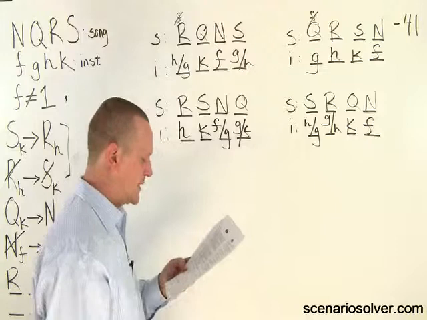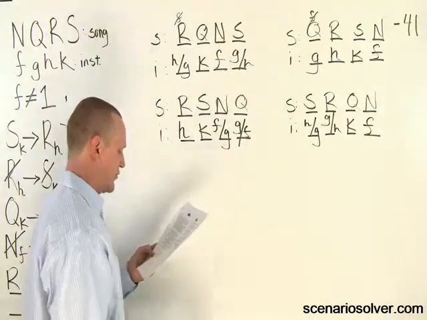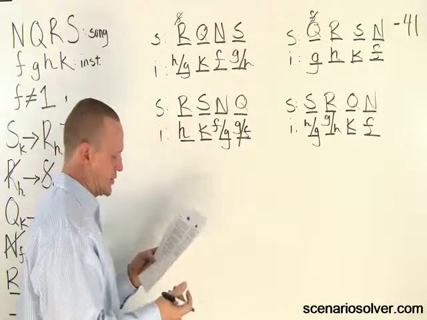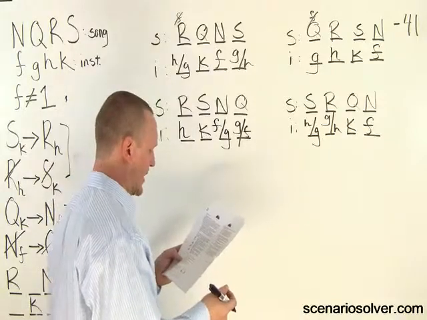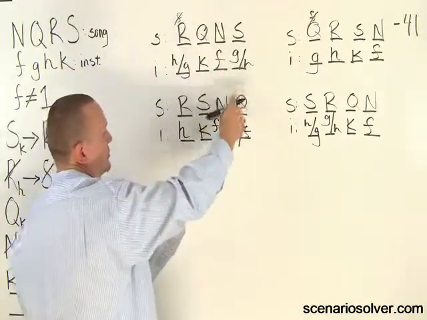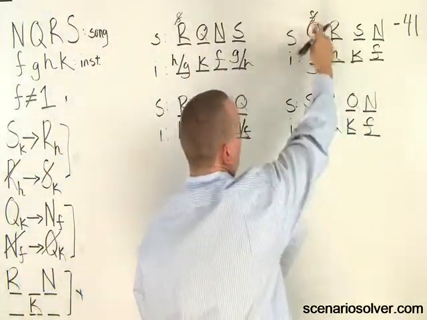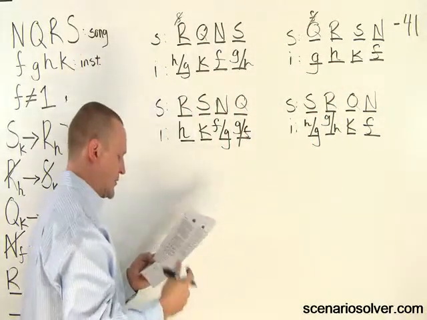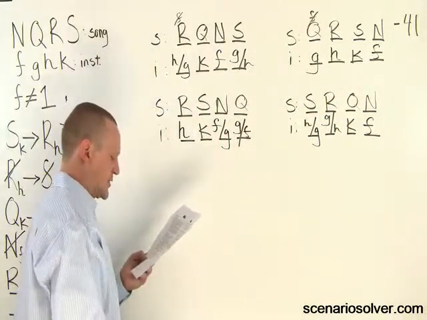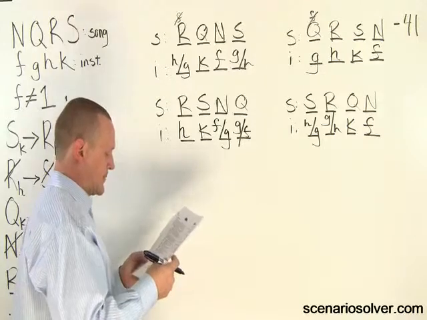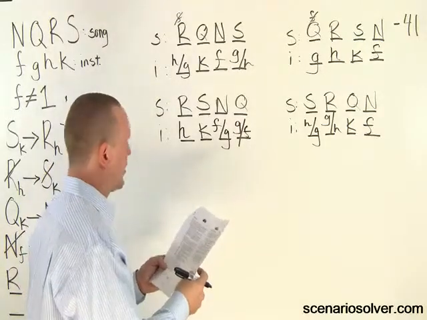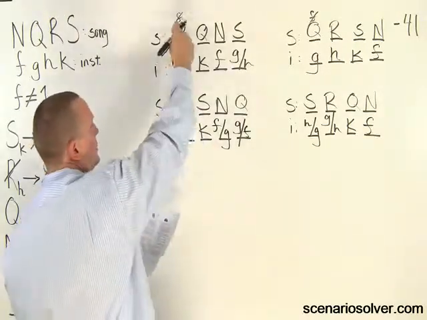C, Q immediately precedes the song performed on G. So do we ever have a QG situation going that way? And no, we do not. So C doesn't work. And then D, R immediately precedes the song performed by H. Do we have an RH situation going this way?